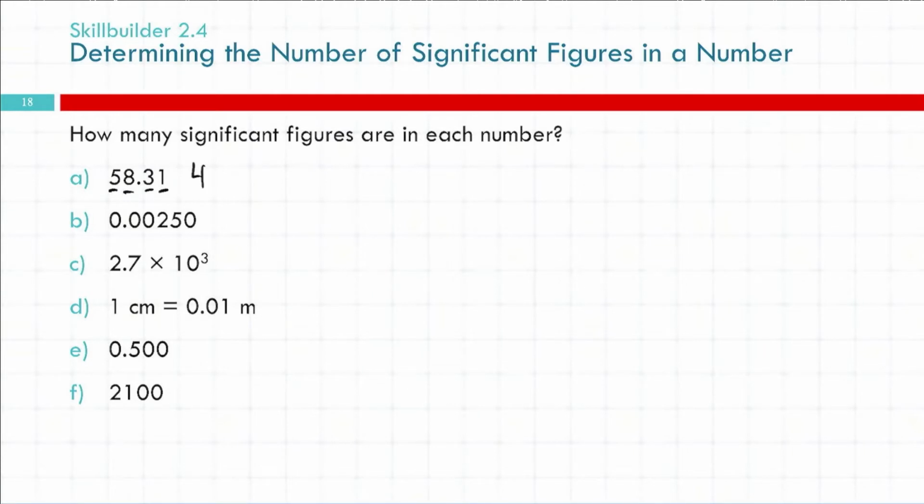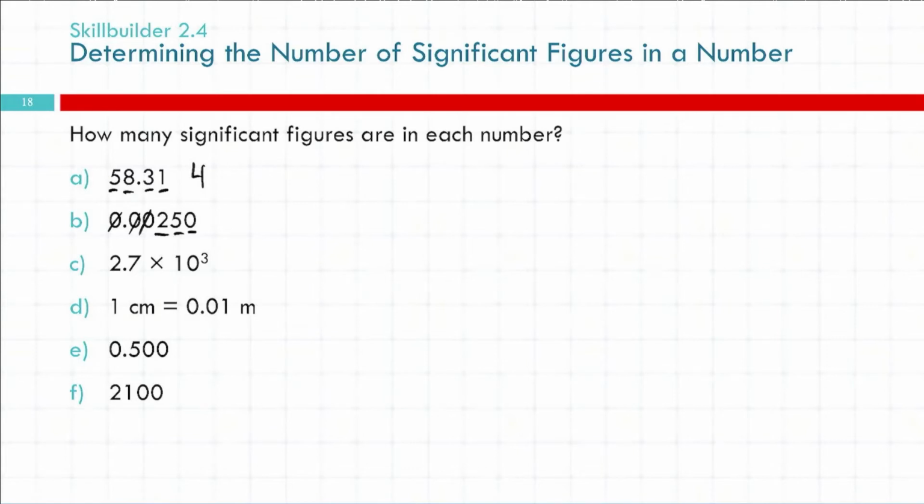Our next one, we know that all non-zero numbers are significant. And then if we have a decimal place, trailing zeros are significant, and specifically, zeros that are trailing non-zero numbers. So none of these are significant because they're leading zeros. We have then 2, 5, and then 0.